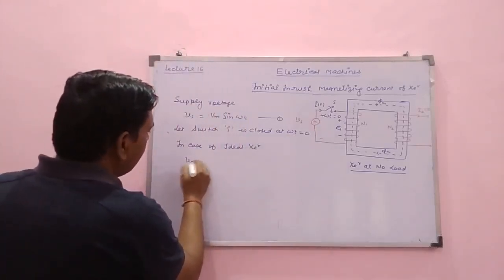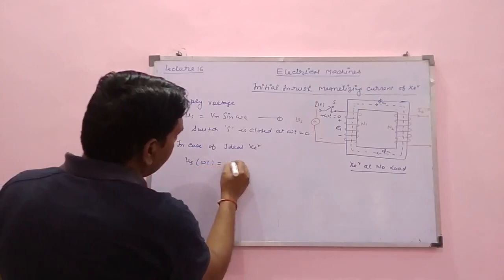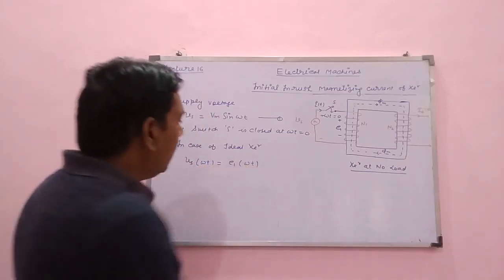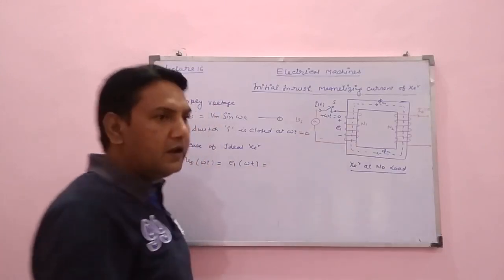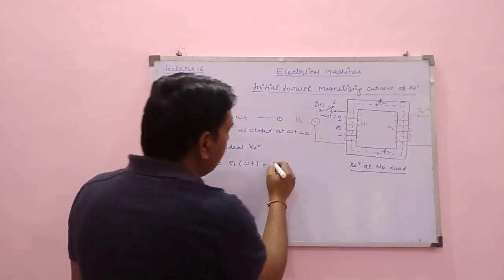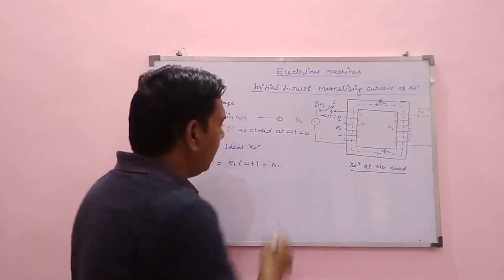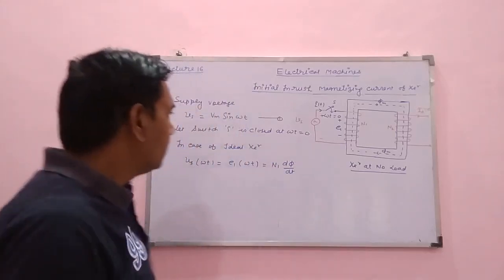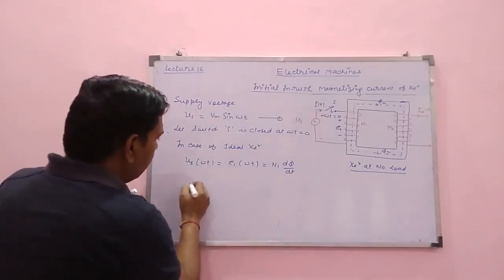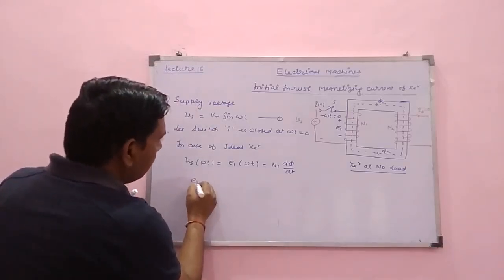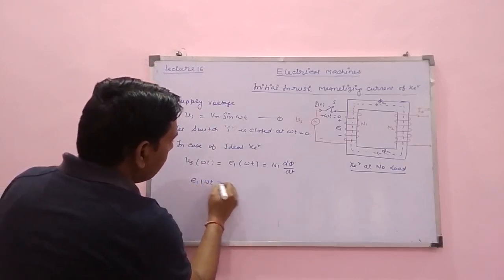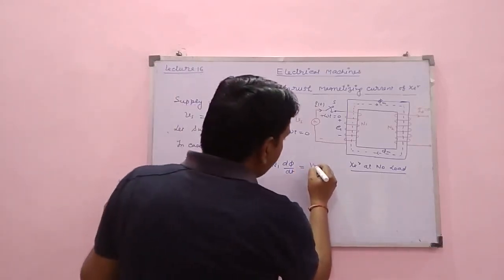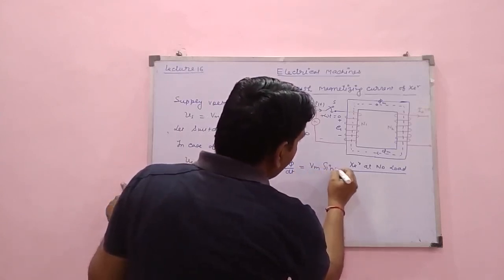So Vs as a function of omega t will be equal to the induced EMF as a function of omega t, and the induced EMF in the primary winding, according to Faraday's law, depends upon the number of turns and the rate of change of flux, that is d phi upon dt. So we can write E1 of omega t is equal to Vs of omega t is equal to Vm sin omega t.